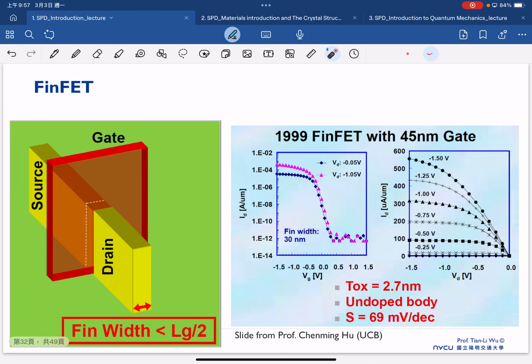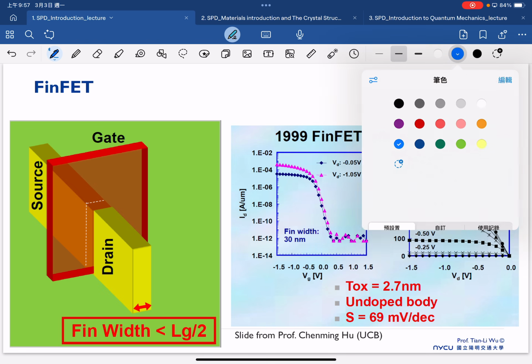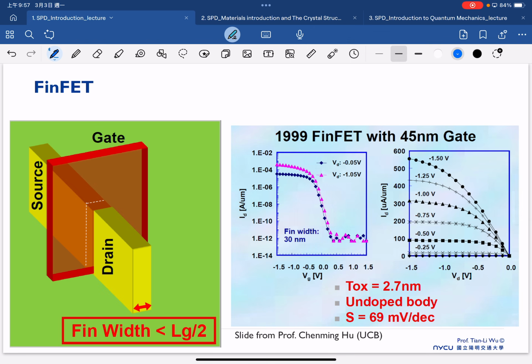Okay, so now we look at this, which is also the left hand, a pretty clear schematic showing that our current can flow from the top, which is the surface channel.